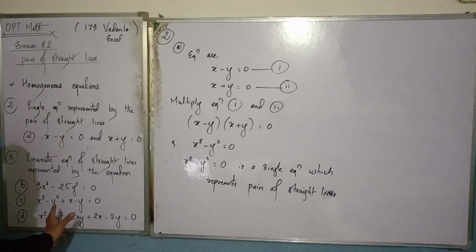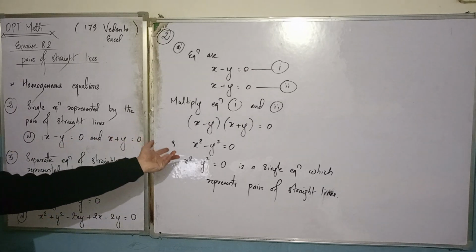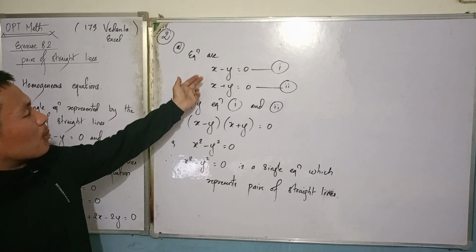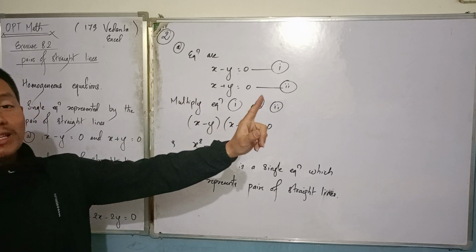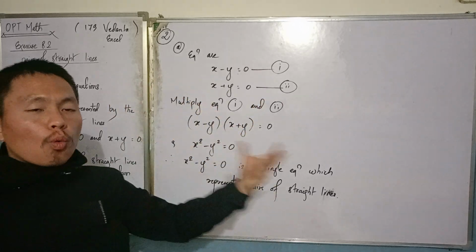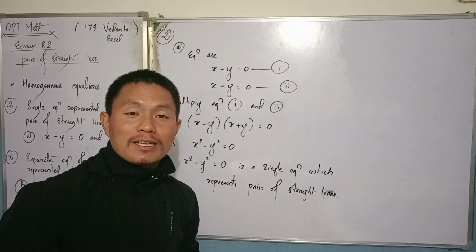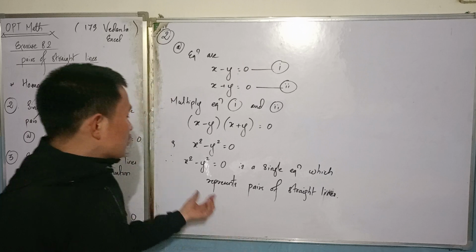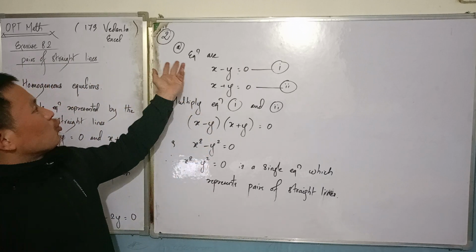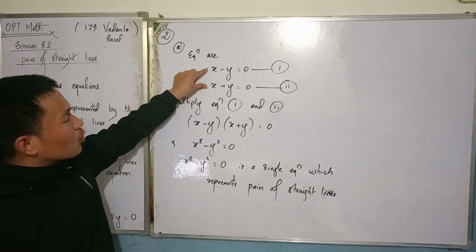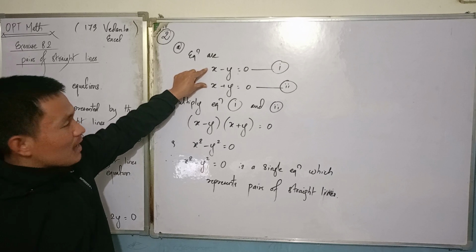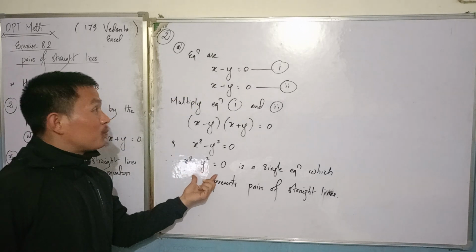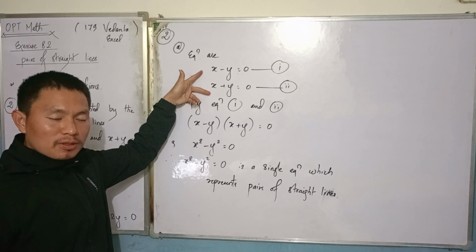Now just the opposite of this. In 2a we combined both equations to make a single one. Now we have a single equation which represents the pair of straight lines, and we have to find those lines. In 2a we were given two separate lines, and we combined them to form this single equation.